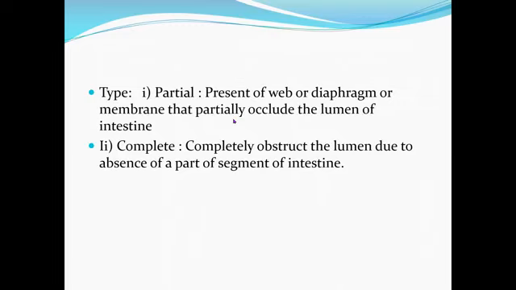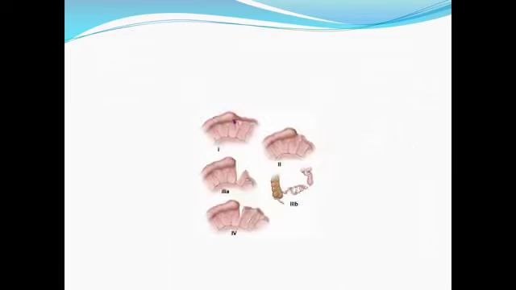Now I will show you some pictures for better understanding. Here, this is a distal segment, an intestinal segment, which is dilated. You can see a dilated segment followed by a narrowed segment, and here there is no continuity of the lumen.